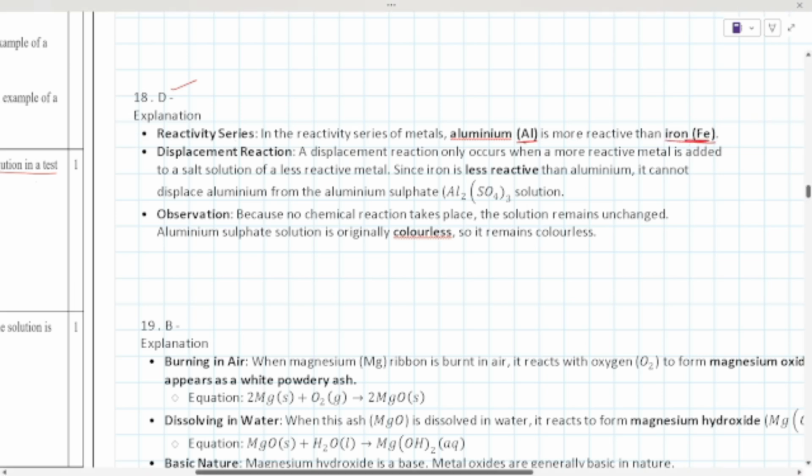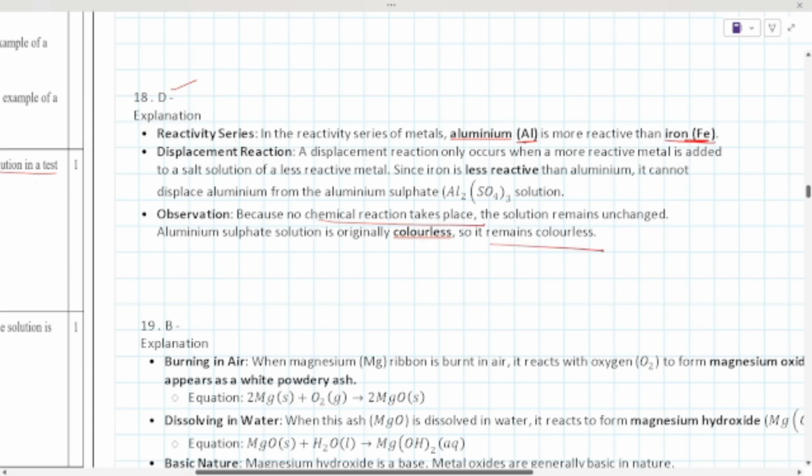A displacement reaction only occurs when a more reactive metal is added to a salt solution of a less reactive metal. Since iron is less reactive than aluminum, it cannot displace the aluminum from aluminum sulfate. So the observation will be no change; no reaction takes place. The solution remains unchanged.